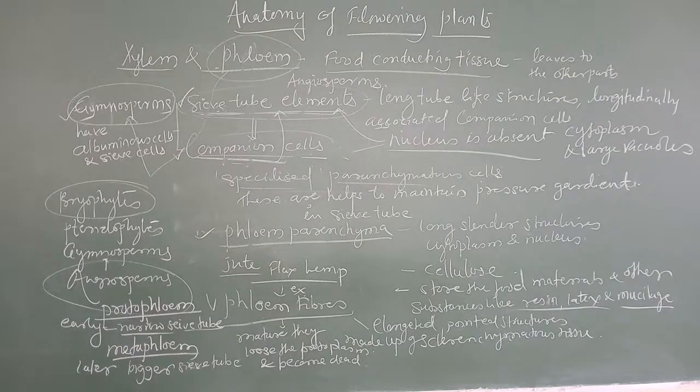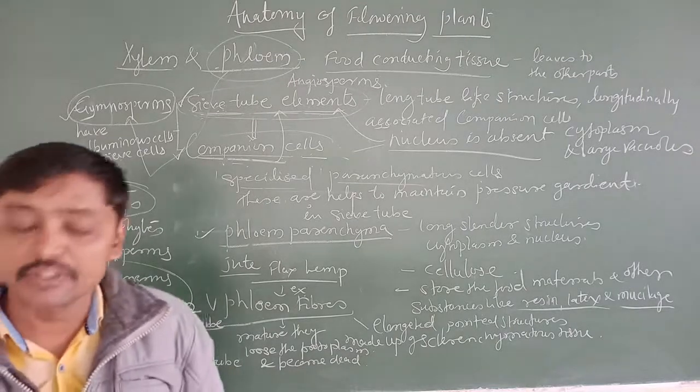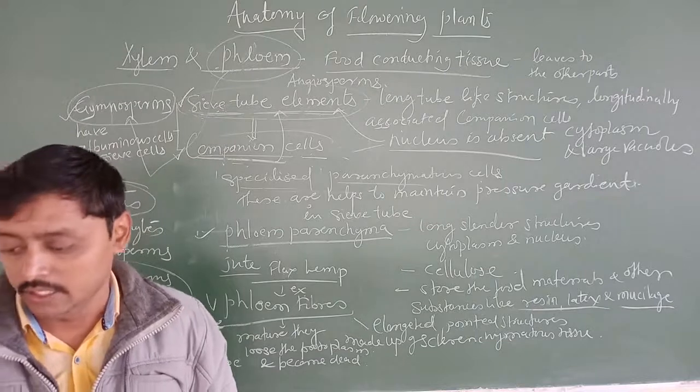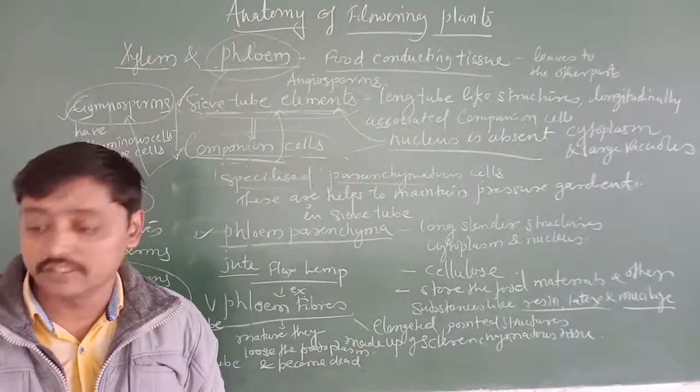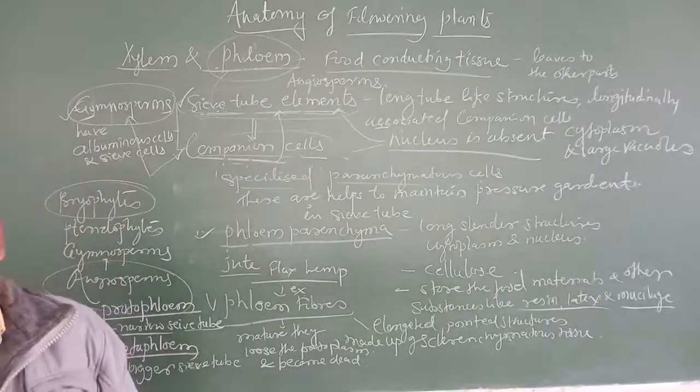This is about the complex permanent tissue. In the earlier class, we discussed the complex permanent tissue. The first one is xylem, and in that we discussed the components of the xylem: tracheids, vessels, xylem fibers, xylem parenchyma, and afterwards protoxylem and metaxylem.